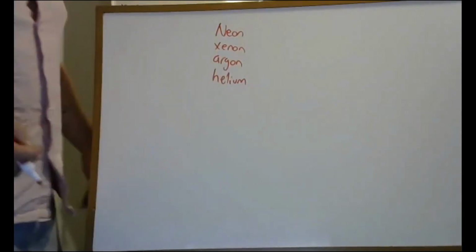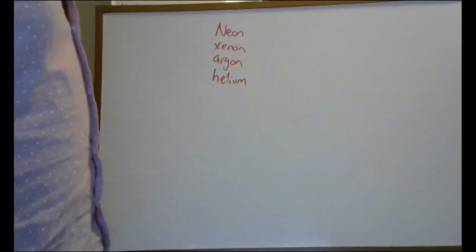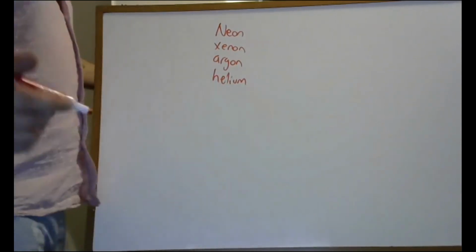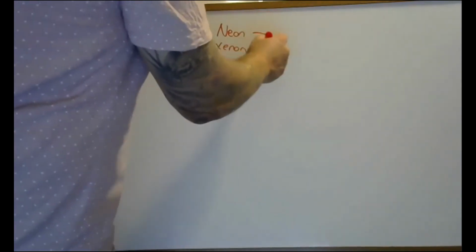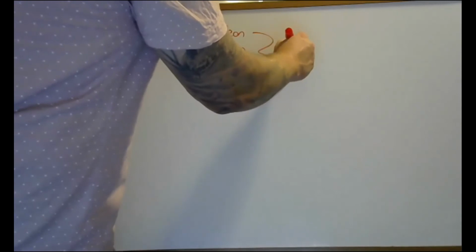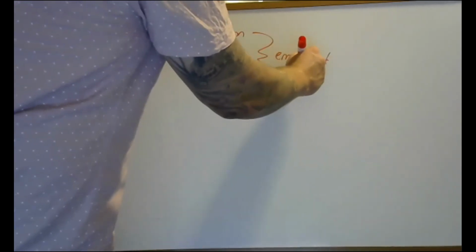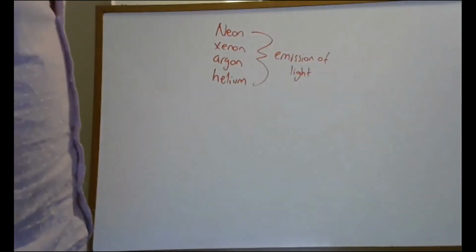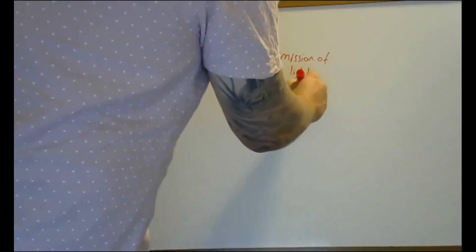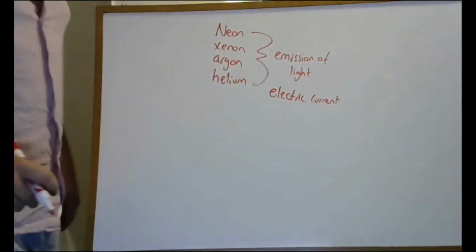If we pass an electric current through these, we get an emission spectrum, an emission of light from electricity. So flow an electric current through, and we get the emission of light.